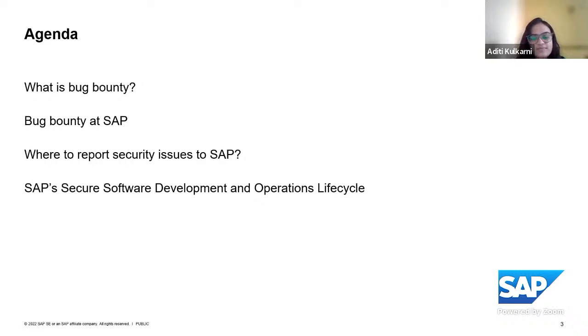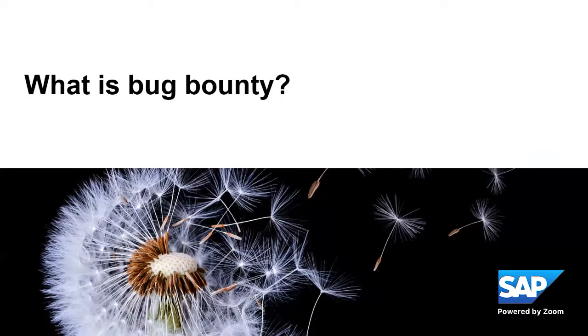Okay, great. Firstly, the very basic question: what is bug bounty? Can any one of you unmute yourself and give an idea of what your understanding of bug bounty is? Maybe a very short answer: bug bounty is find a bug and get some bounty, get some money.